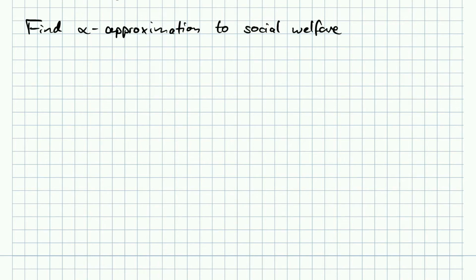More precisely, our goal will be to find an alpha approximation to the optimal social welfare, which means that the sum of the vi of Si should be at least 1 over alpha times the maximum over all S prime of the sum of vi of Si prime.